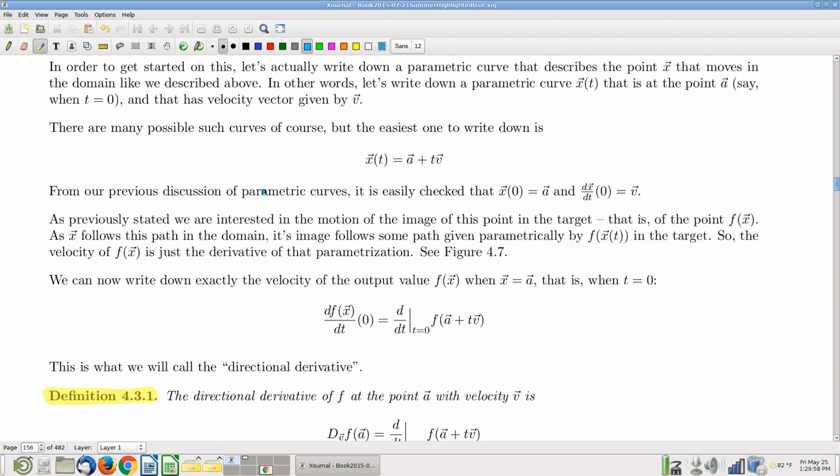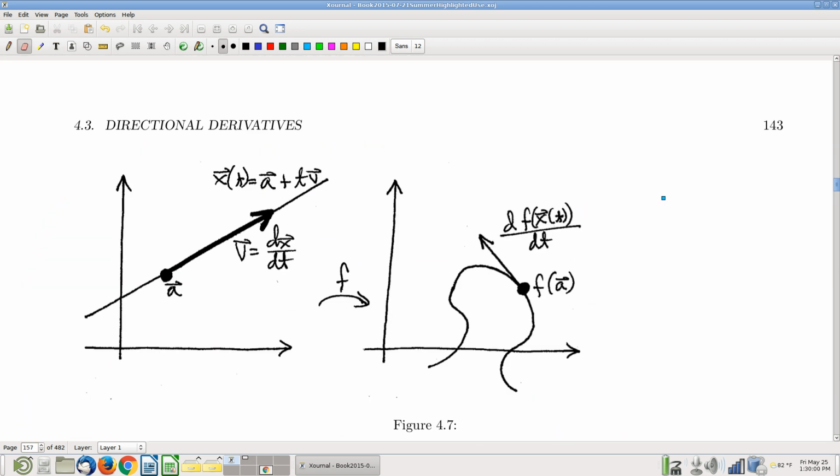That's actually pretty easy to do. For this parametric curve, just write down A plus tV. Now notice that at this point A, at t equals 0, what's the velocity of this parametric curve? Well, velocity is the derivative. When you take the derivative, you get v.